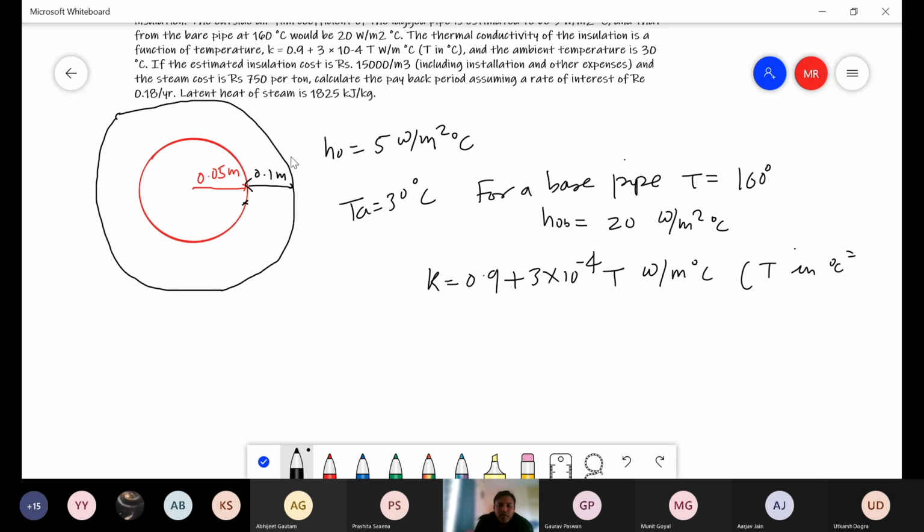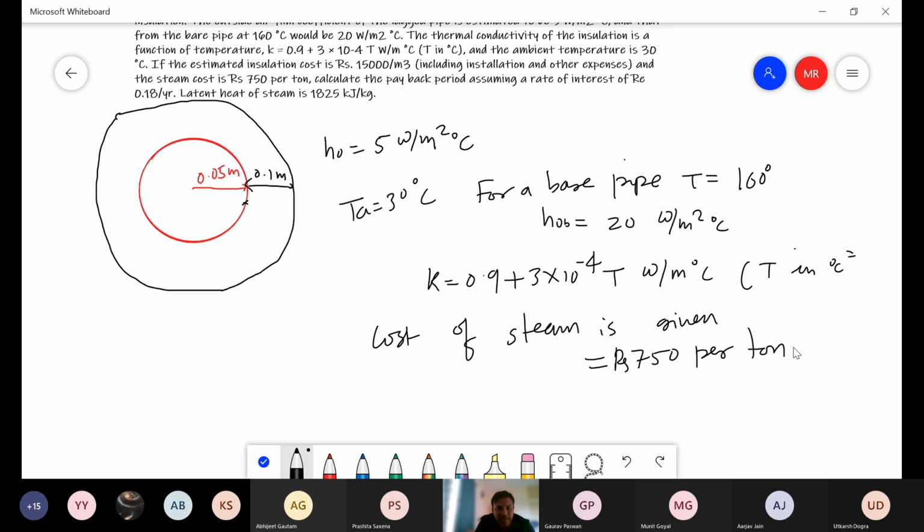So the cost of the steam is given, and this steam is a saturated steam. The cost of the steam is given as 750 rupees per ton.